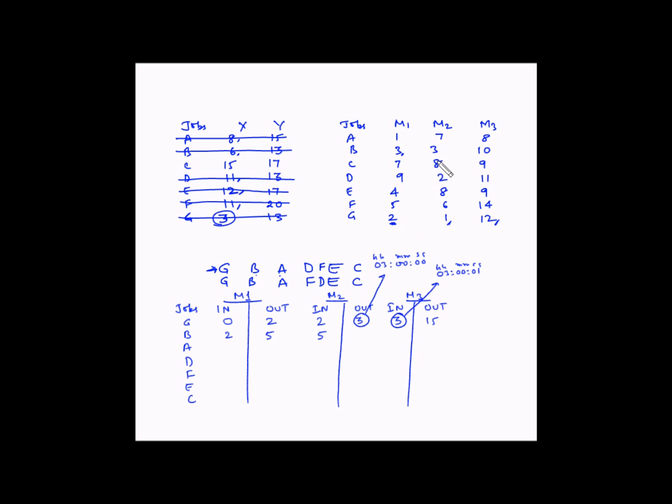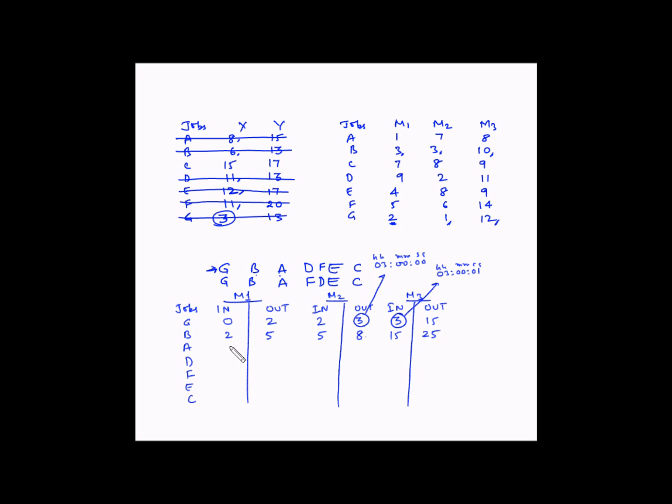B takes 3 hours on M2, so 5 plus 3, 8. Though B is already processed on M2 by the 8th hour, M3 is still busy processing G. So we'll start processing B on M3 at the 15th hour. B takes 10 hours on M3, so 15 plus 10, that is 25.